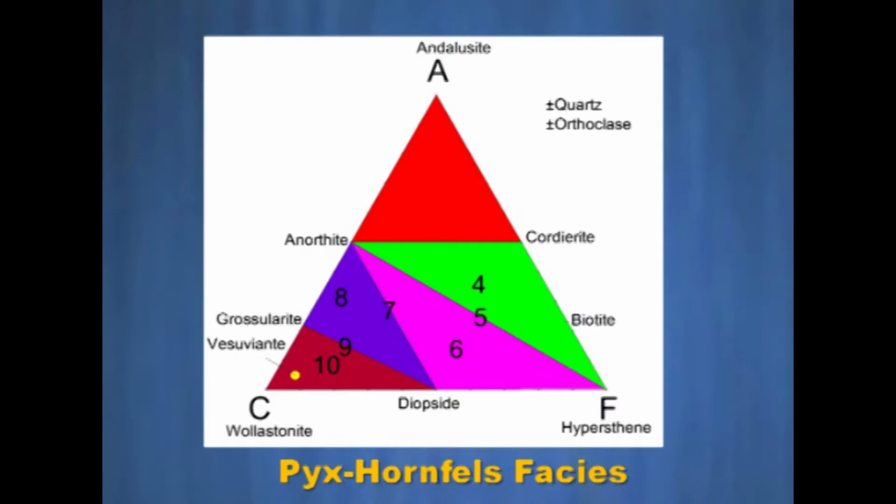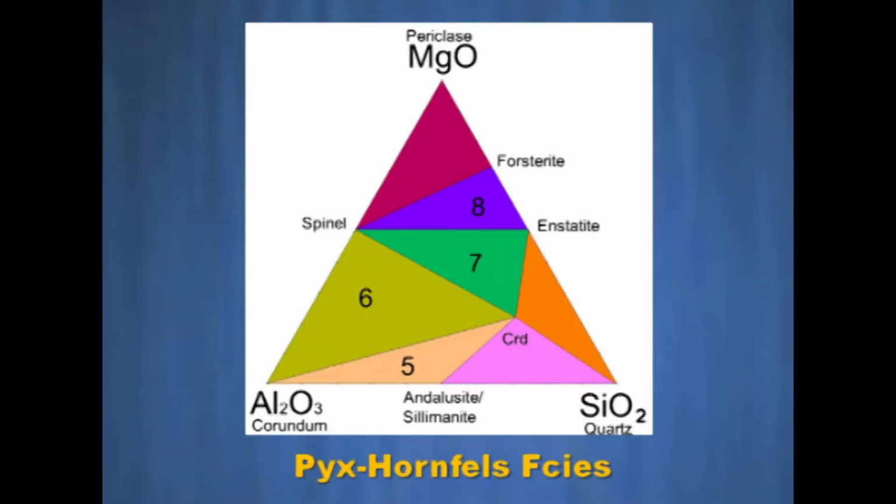Now in the pyroxene hornfels facies, Goldschmidt recognized 10 principal assemblages. See the figure on the screen, ACF and Al2O3, MgO, SiO2 diagrams.